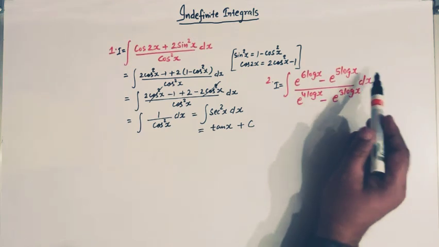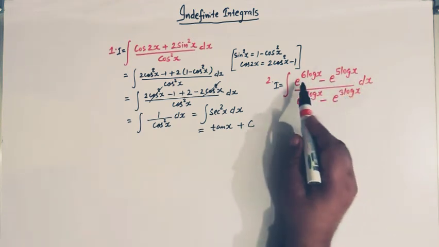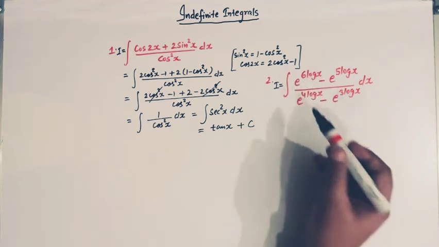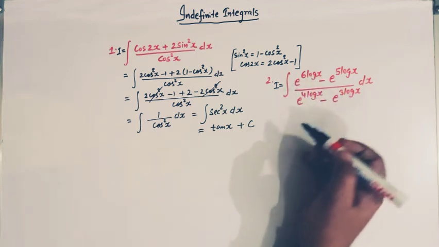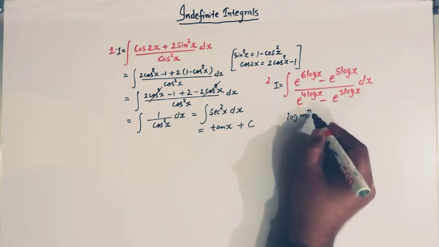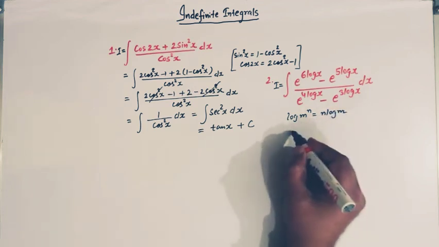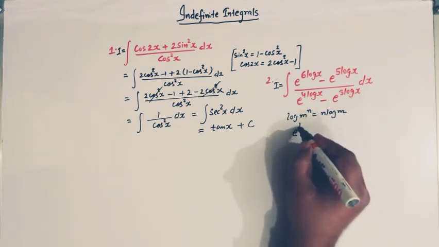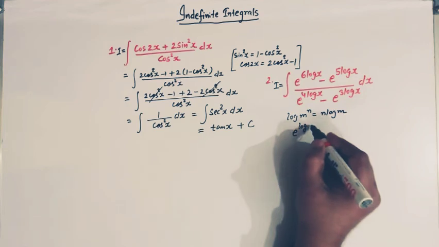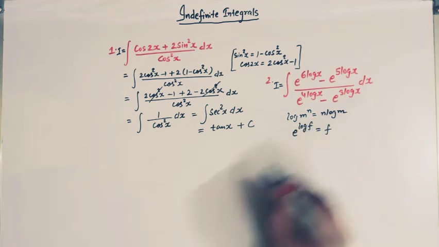Let us evaluate this integral. So here we'll make use of two results. The first one is log m raised to n is equal to n log m, and the other one is e raised to log of say f is equal to f, right?